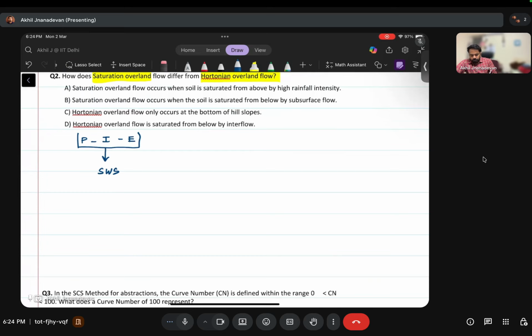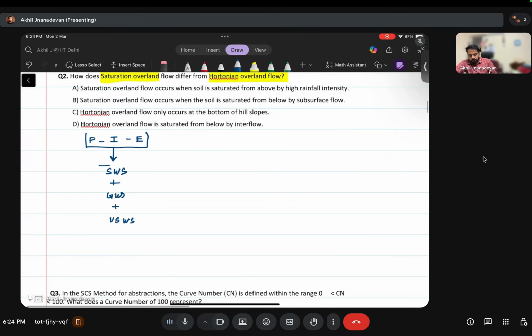Another storage component is the groundwater storage. And another component will be the unsaturated water storage, that is soil moisture storage. So these three storages will be satisfied with the particular amount left after subtracting infiltration, interception, and evapotranspiration.